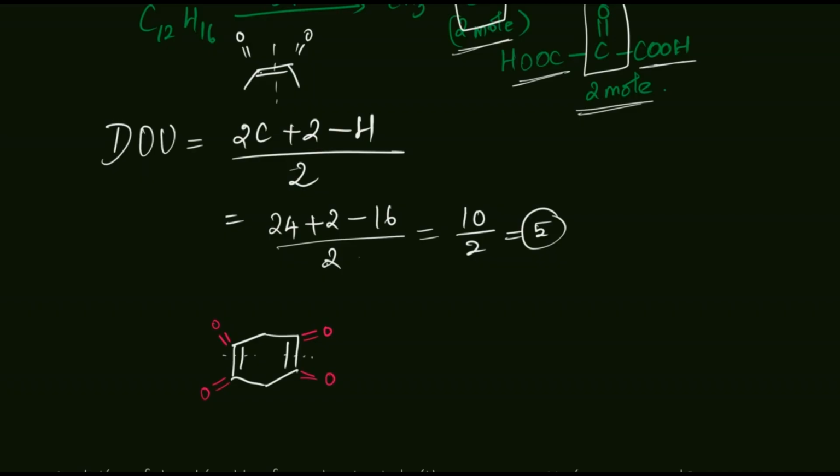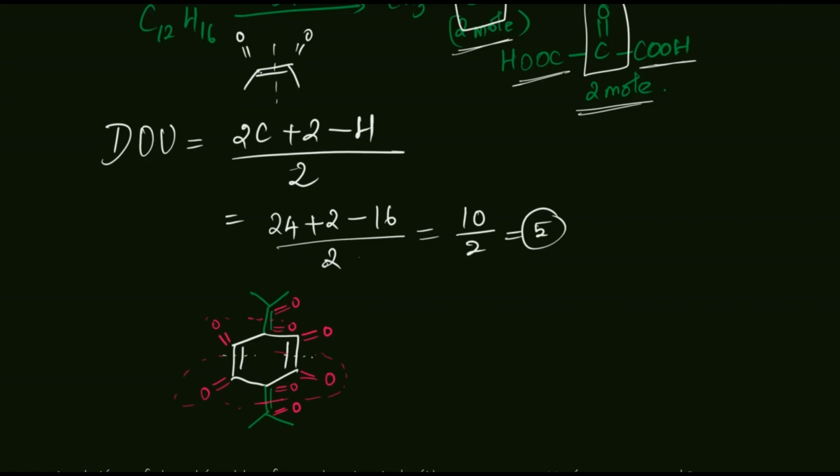So for the remaining part, you can take it like this. Check with the carbon and hydrogen count. Okay. So here also you can break it. Put double bond O, double bond O, double bond O, double bond O. So this part will become one molecule and this part will become another molecule.